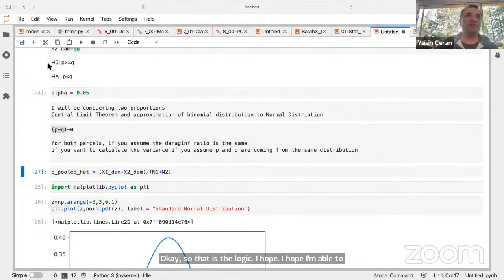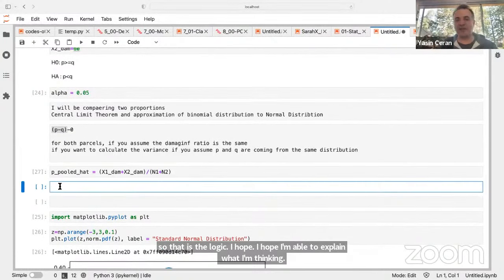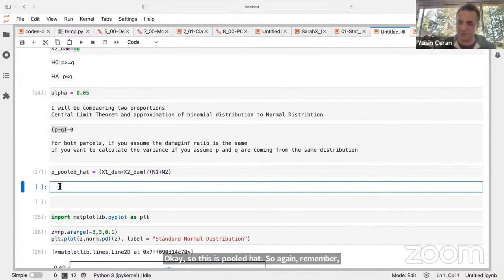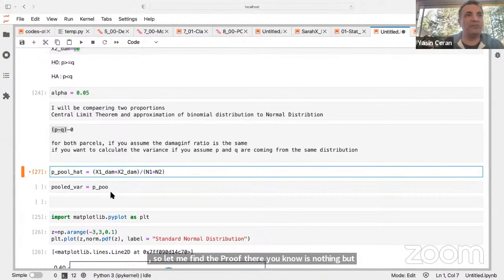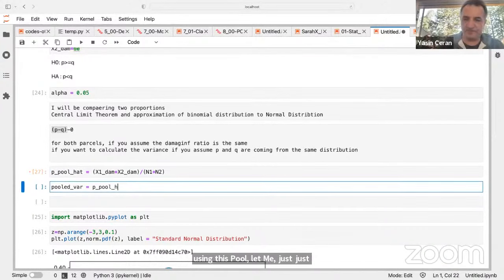So this is P pooled hat. Again, remember from the binomial distribution and summation of binomial distributions how we can find variance given P. So let me find the pooled variance. It's nothing but using this P pool hat.